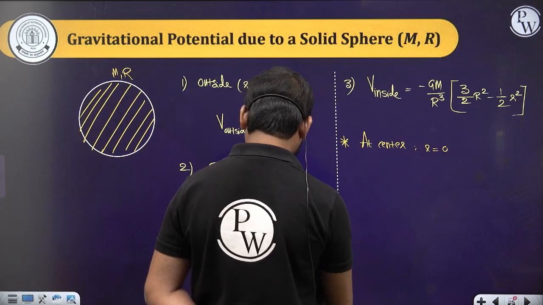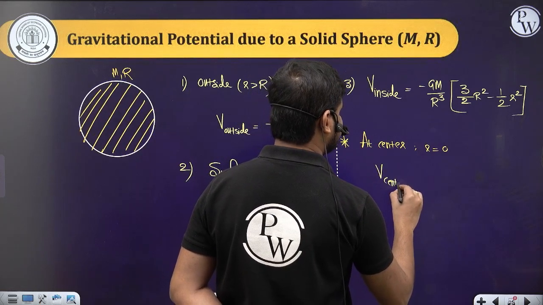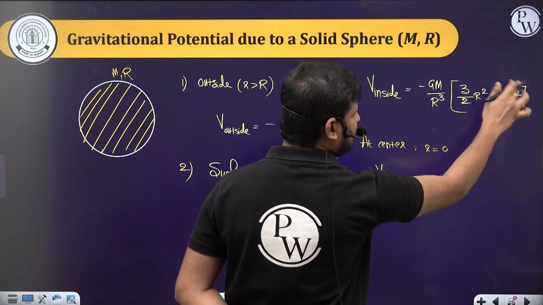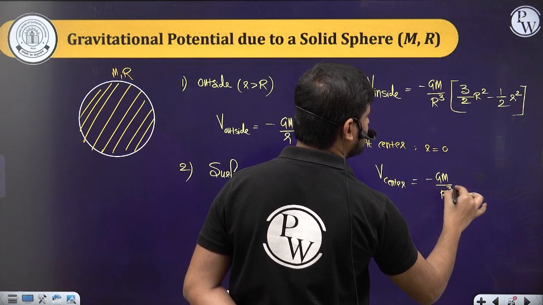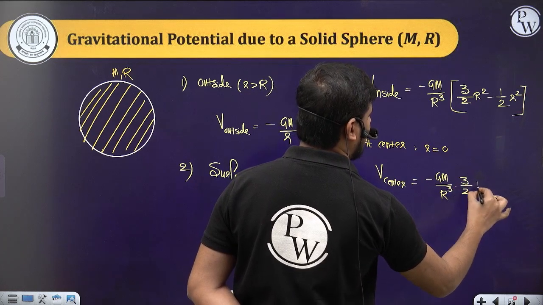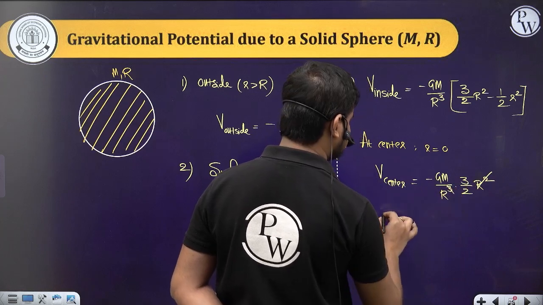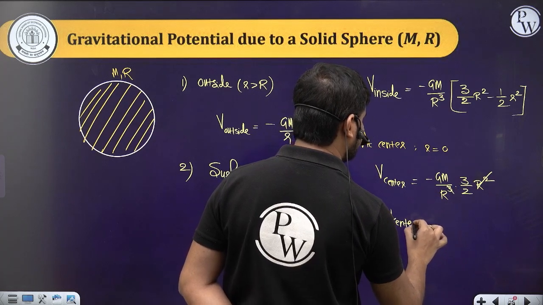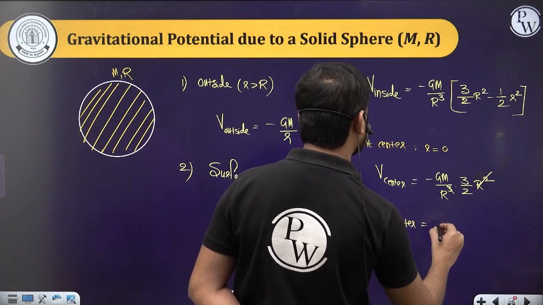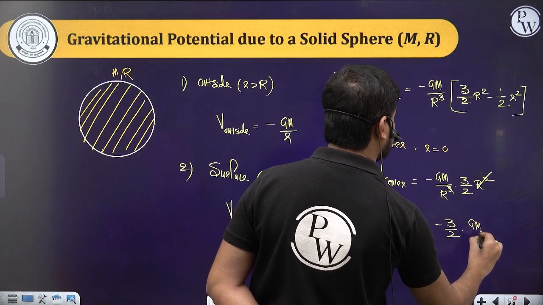So the potential at the center, we can write, substitute the small r as 0. So this whole term will become 0. Minus GM by R cube into, here 3 by 2 R square will be left. So R square and R cube get cancelled, so 1 R will be left. So V at the center will be equal to minus 3 by 2 into GM by R.